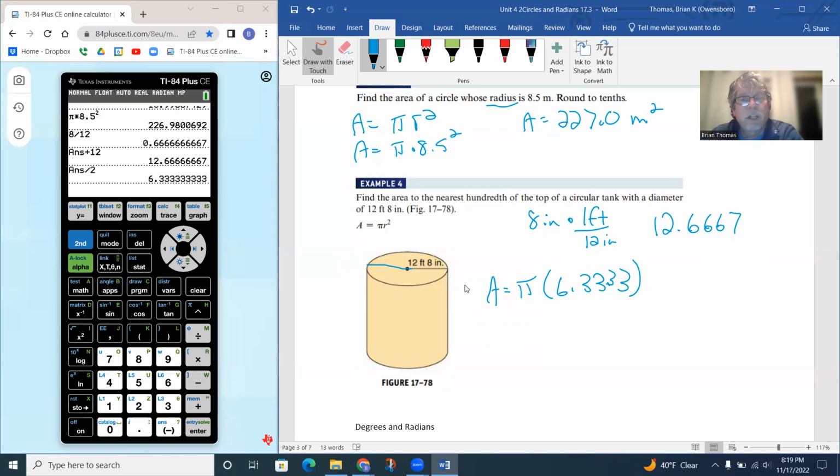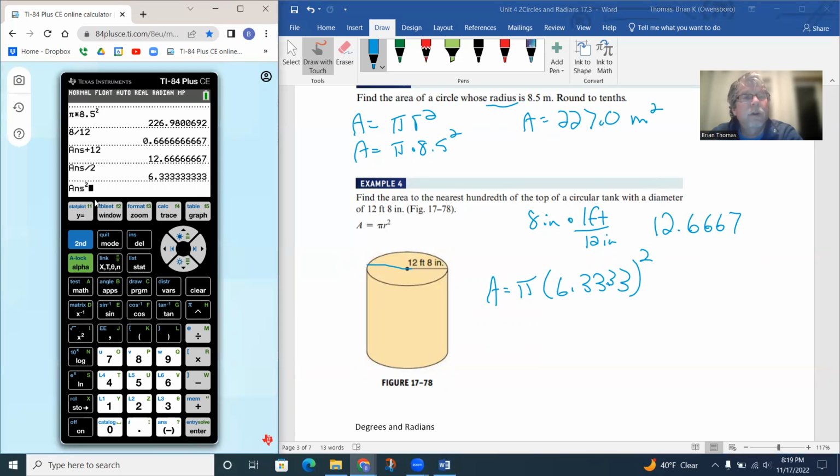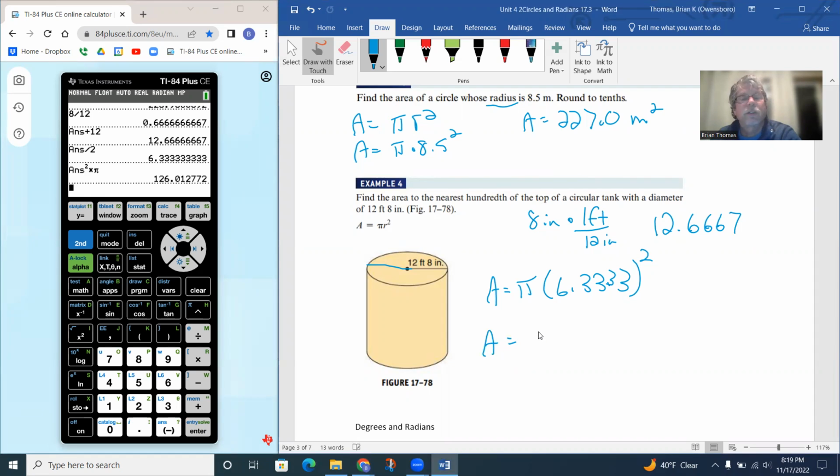But again, we got to square it too, don't we? So if we want, we can just hit square and it'll square that answer. If I multiply that by pi, then we don't have to round any. And that would give us this area of 126.